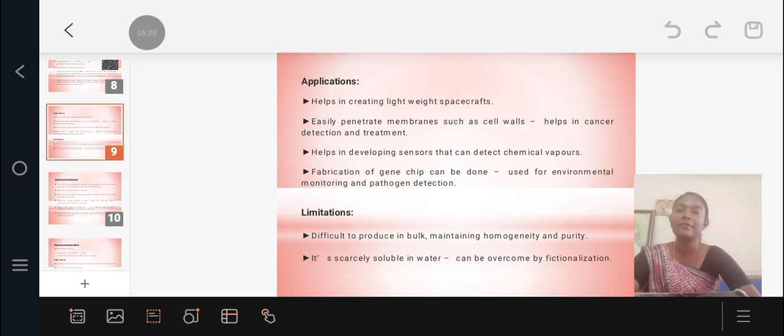It helps in developing sensors that can detect chemical vapors. Fabrication of gene chips can be done, and it is used for environmental monitoring and pathogen detection. Some limitations: difficult to produce in bulk while maintaining homogeneity and purity. It is scarcely soluble in water, which can be overcome by functionalization.